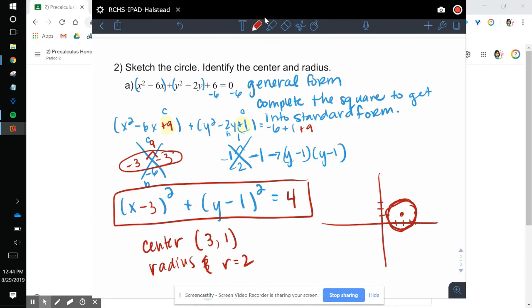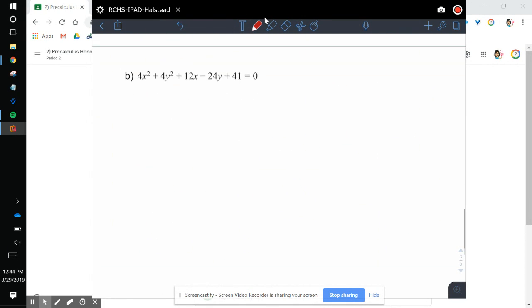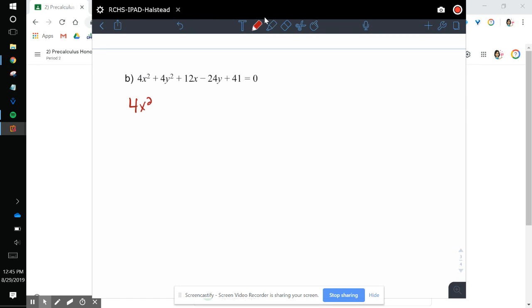Okay, last one. Same thing. So I'm going to go ahead and group my x's. Ooh, but I need to rearrange. So 4x squared plus 12x, I'm going to put those in parentheses, plus 4y squared minus 24y, also in parentheses, subtract the constant to the other side, equals negative 41.